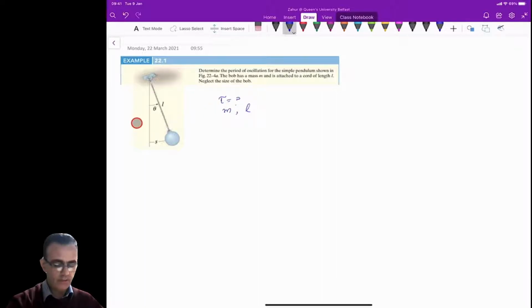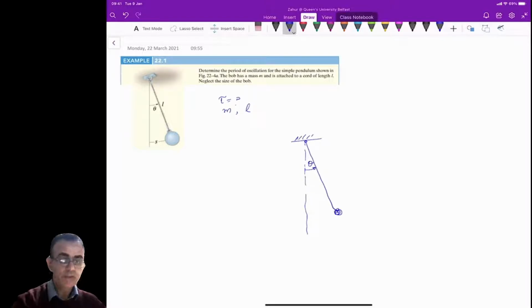So in this case, you can use either linear coordinates, or rectangular, or angular coordinates. I think it will be straightforward to use angular coordinates here. So if you consider this pendulum here, and if we give it a small angular deflection theta, so we are assuming that the angular deflection is small.